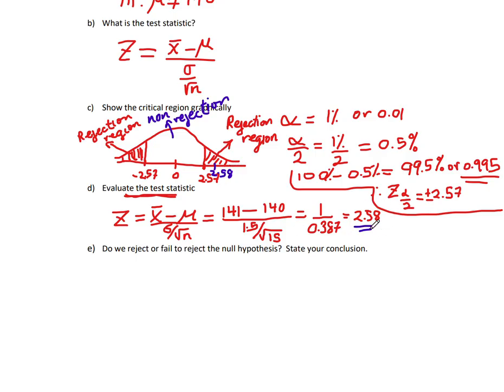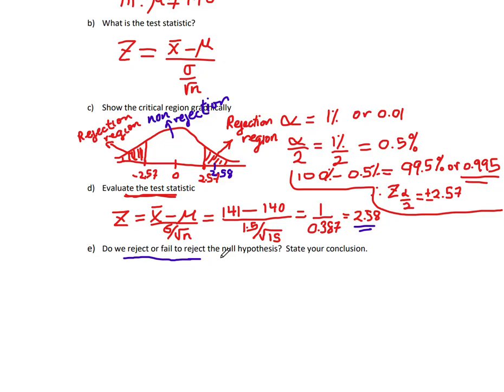If the calculated value here was a value like 1, then 1 would fall safely in the non-rejection region. But because 2.58 is slightly larger than 2.57, it is in the rejection region. So that will help us to answer the next question.